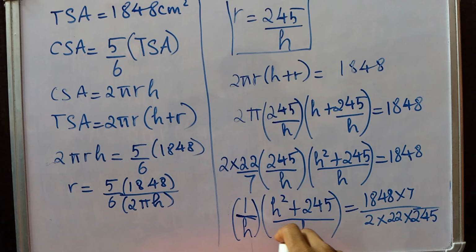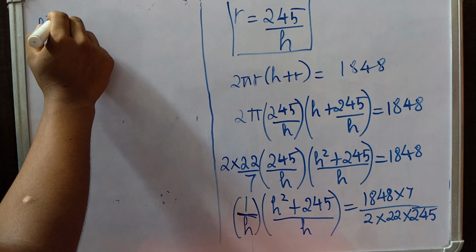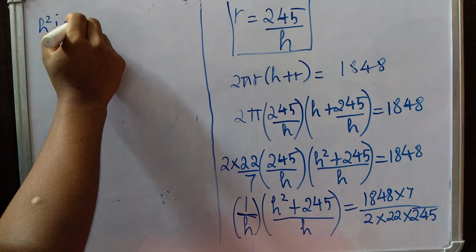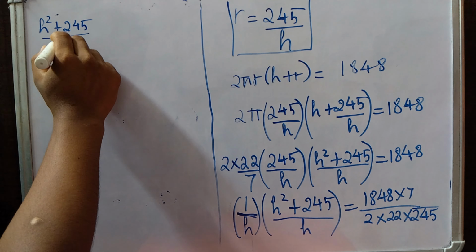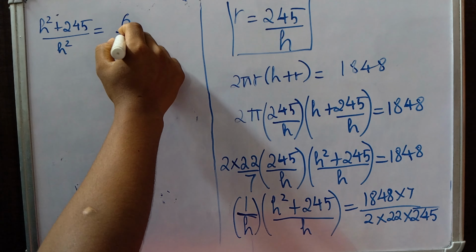There is again a 1/H here, so we can write this as (H square plus 245) divided by H square is equal to 6 by 5.